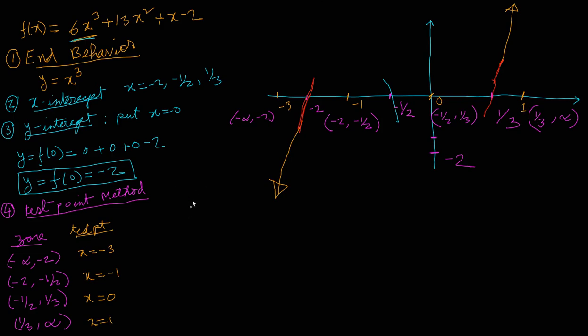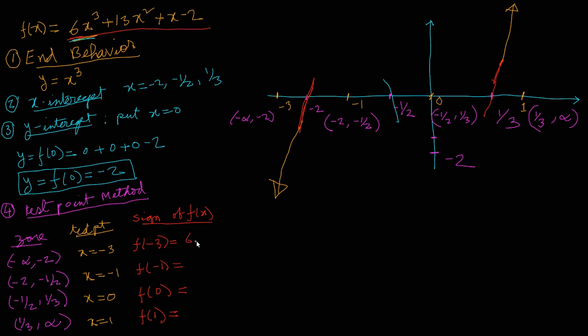All right, so what is the last step? Finding the sign of function of x for each test point. I need to find the sign of function of -3, function of -1, function of 0, and function of 1. So let's formulate function of -3, which is 6x cubed plus 13x squared plus x minus 2.